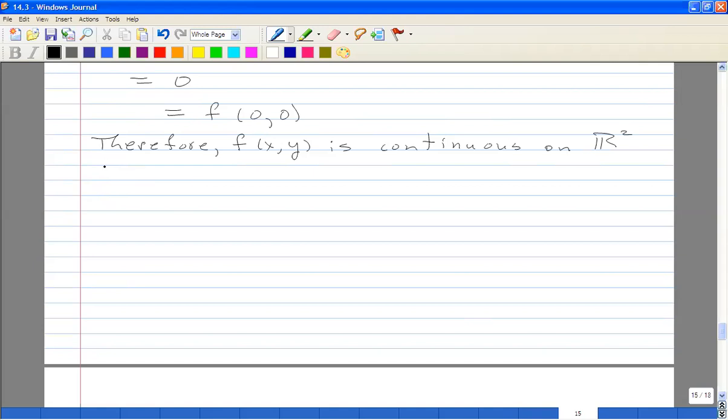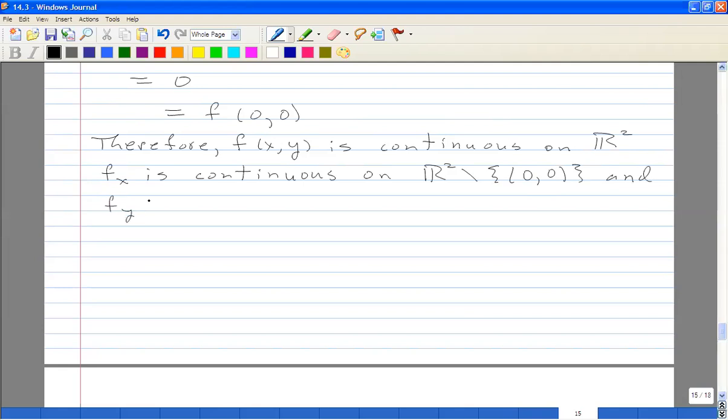So f sub x is continuous on everything except possibly at the origin. And while I'm here, I might as well state that for the other one.